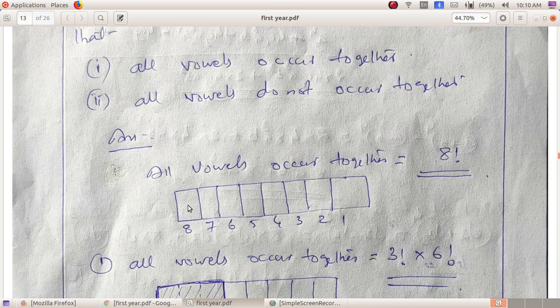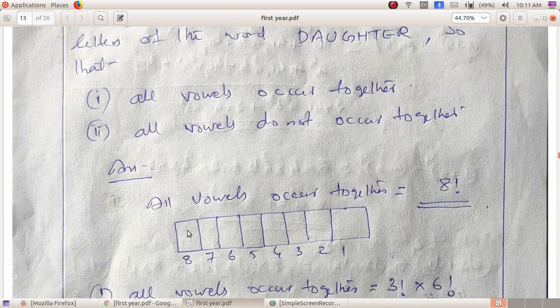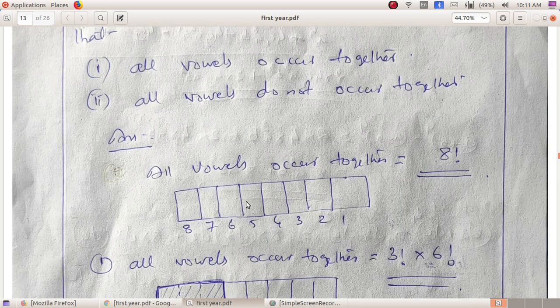But when we fix one letter here, you have another 7 choices. And when we use these 2 columns, you will have only 6 choices, and so on. Then what is the combination? By principle of counting, the answer is 8 factorial.